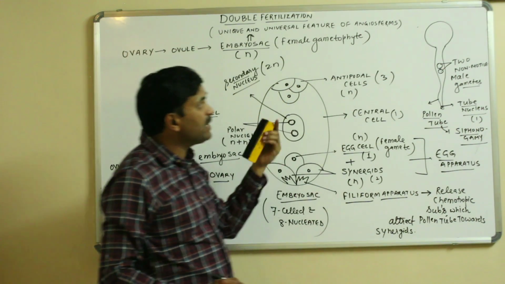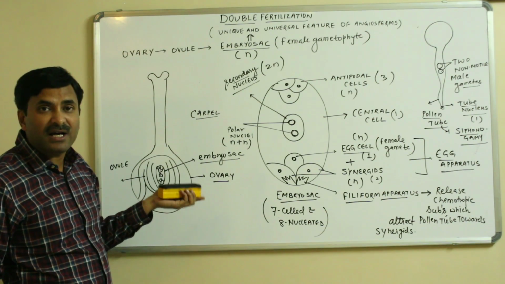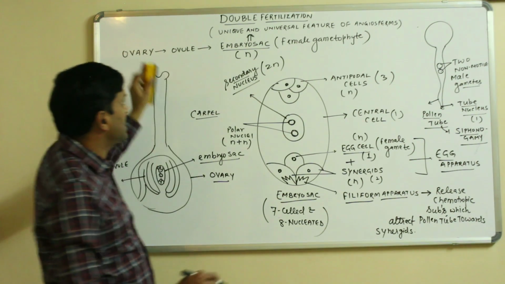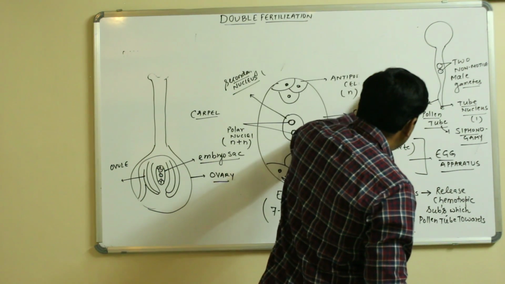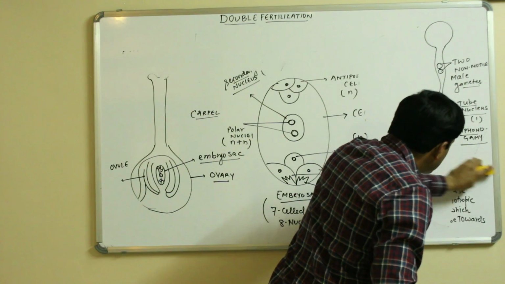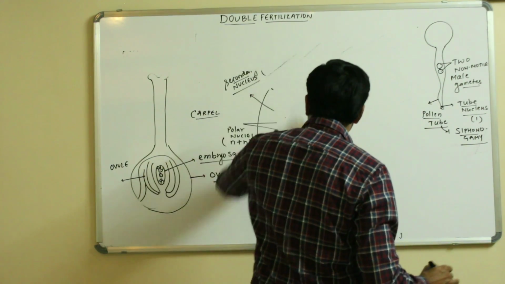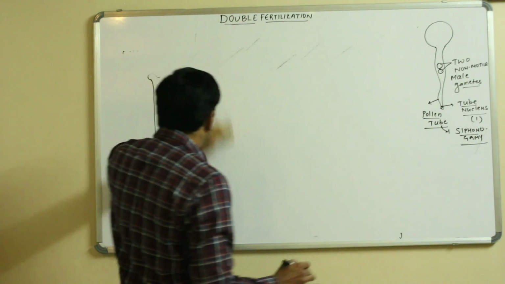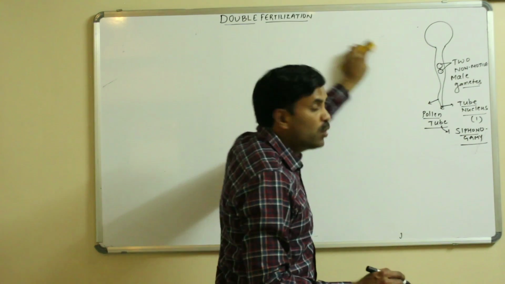Now we will try to understand how double fertilization occurs in the embryo sac. At the time of fertilization, the pollen tube moves towards the ovule, which is found inside the ovary.